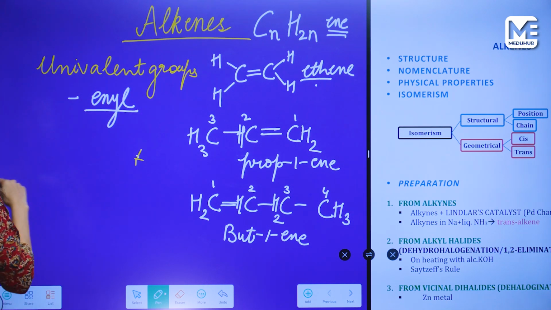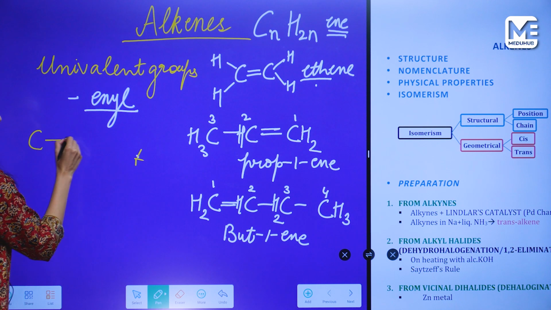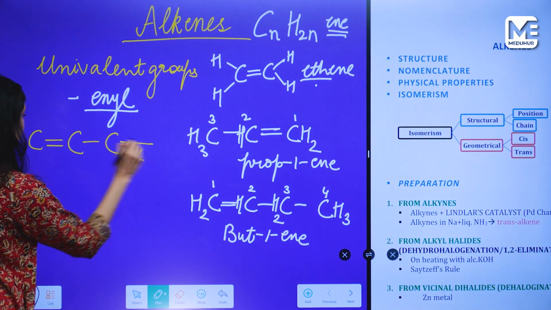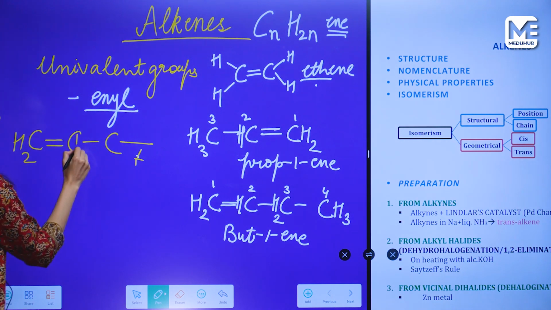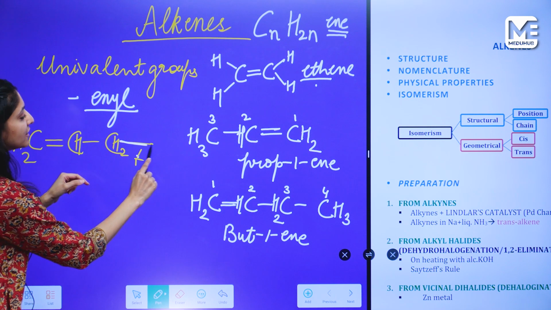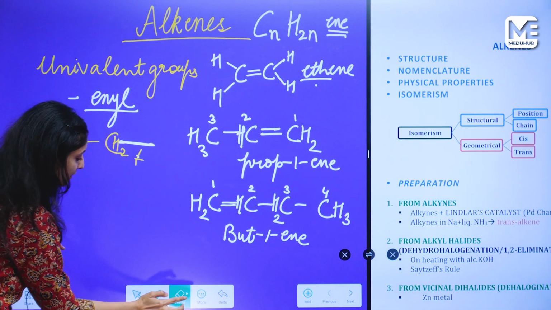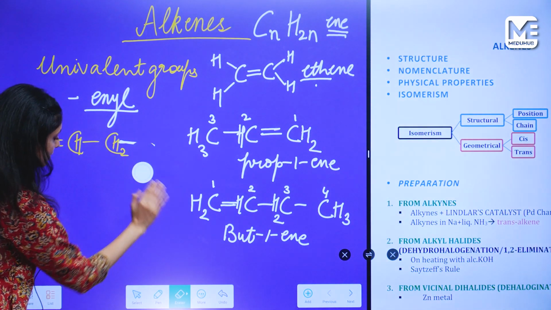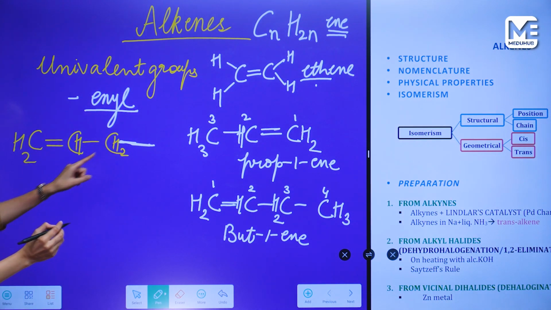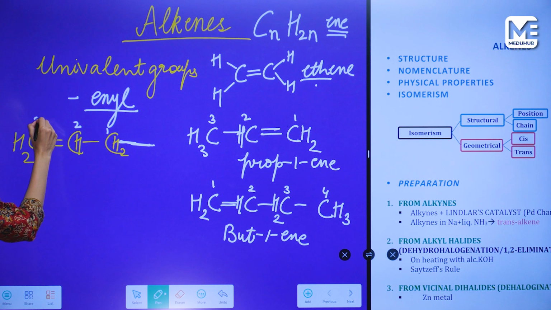Right? So if we have this group, let's say CH2, CH, CH2, and the branching is at this carbon here. It has 3 carbons, 1, 2, 3.